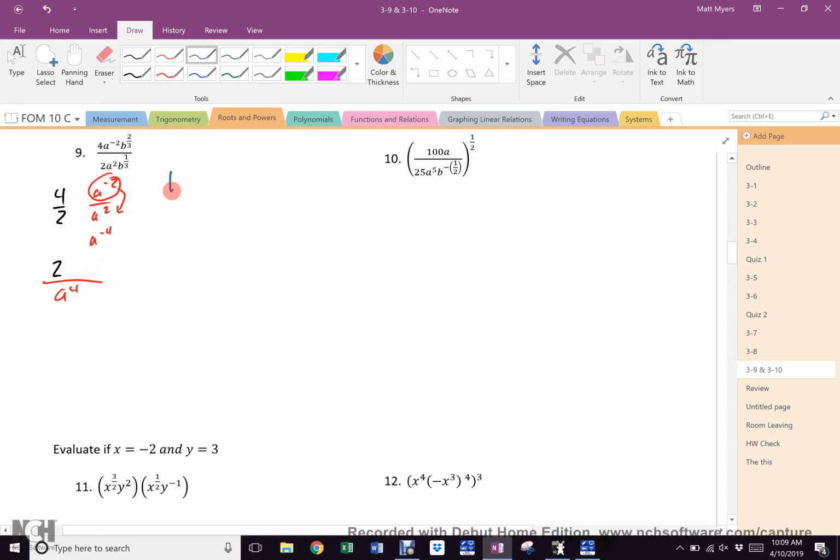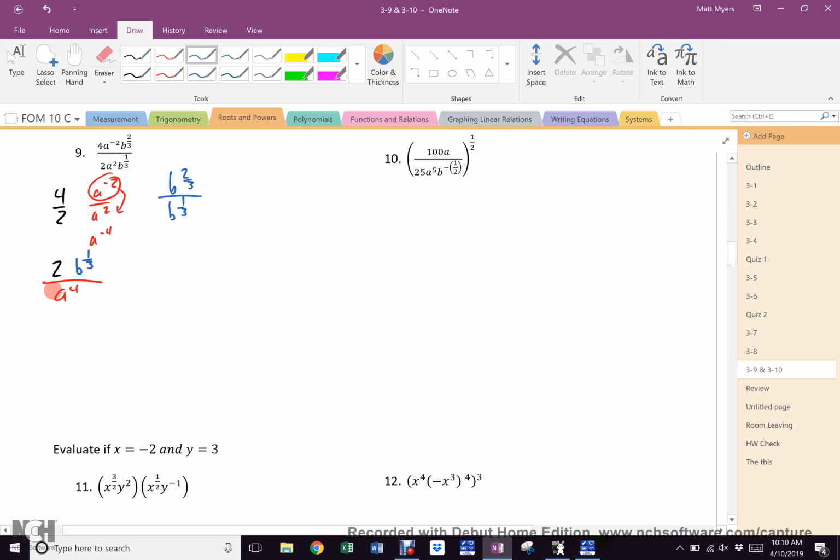Now what's going to happen with b to the 2/3 and b to the 1/3? You're going to subtract them. What's 2/3 take away 1/3? 1/3. Is that a positive 1/3 or a negative 1/3? Positive 1/3. So can it stay up here? Yes.